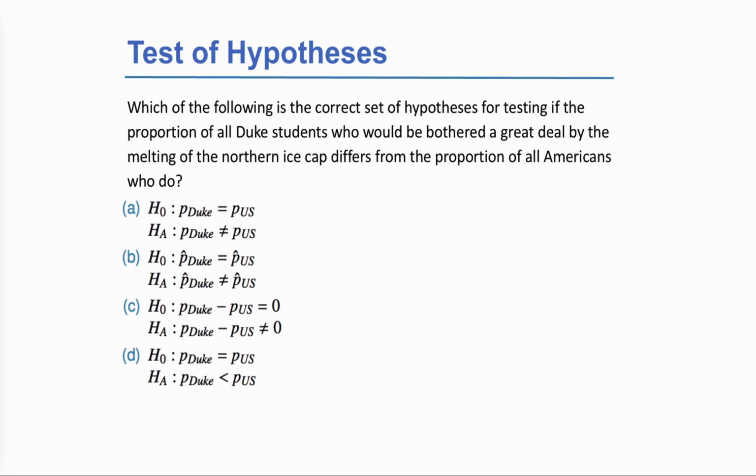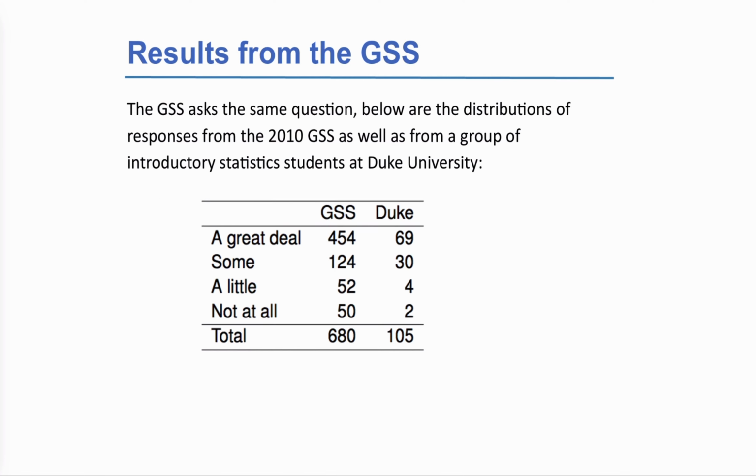So, we want to test if there is a difference in the proportion of all Americans and the proportion of all Duke students who would say that they would be bothered a great deal by the polar ice caps completely melting.